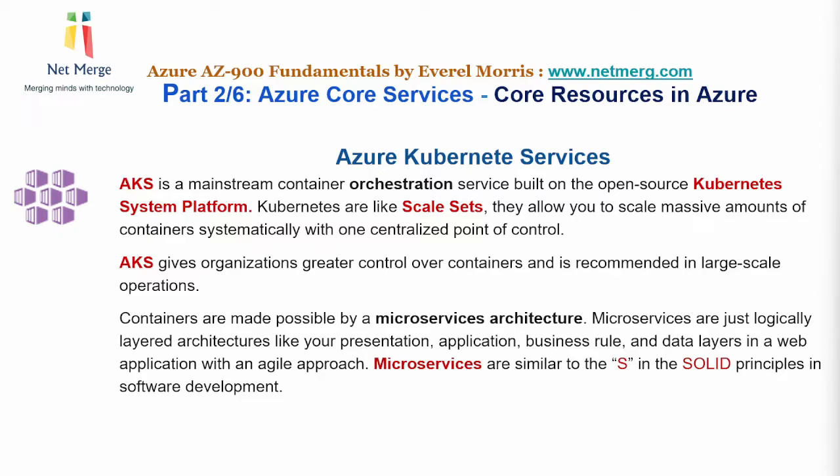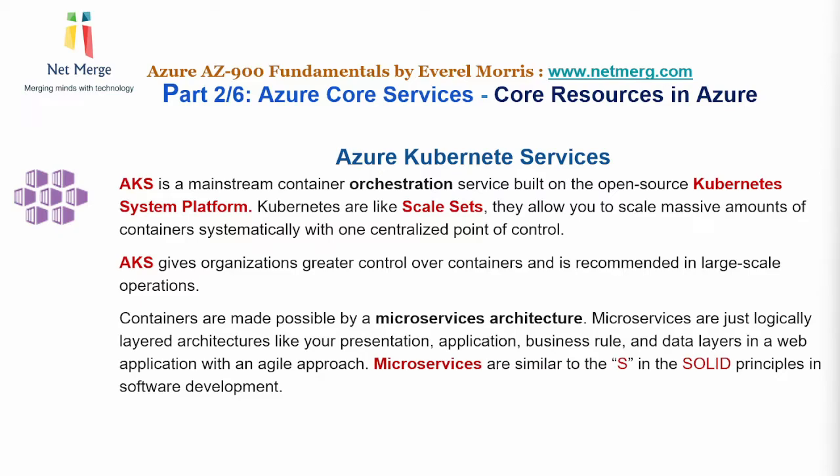The containers, they're made possible by microservices architecture. We'll talk about microservices, and you want to understand microservices. If you're coming from a developer's background, you understand the SOLID design principle. The S is for single responsibility. That's what microservices are. They're small pieces of code or services that only have a single responsibility, so they are able to do it in a real agile manner.